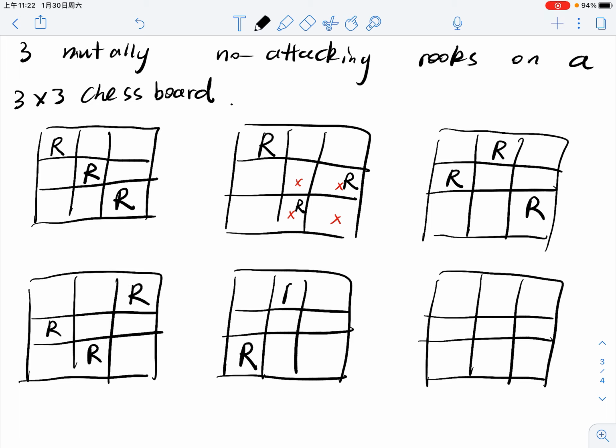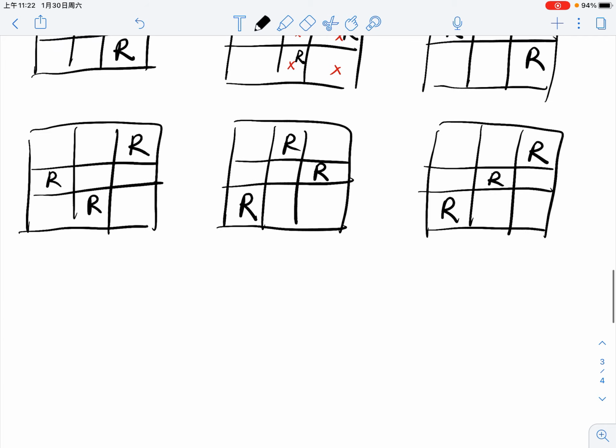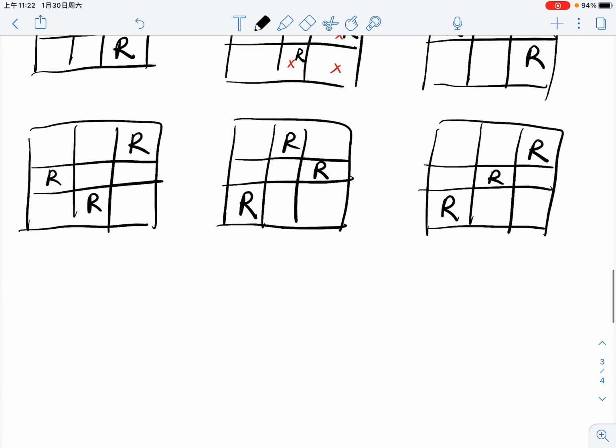Finally, you have the other two configurations like this. Okay, so the total number is 6.